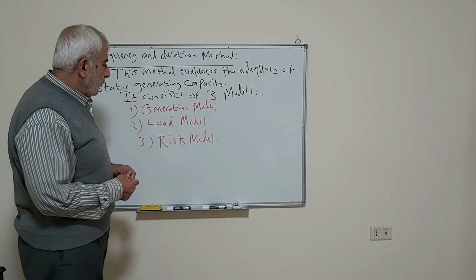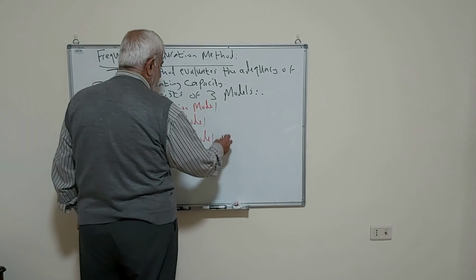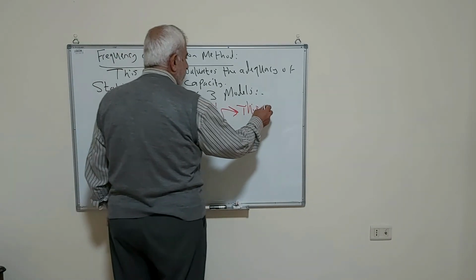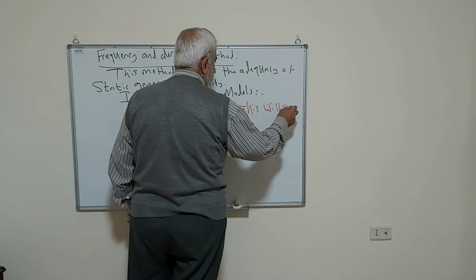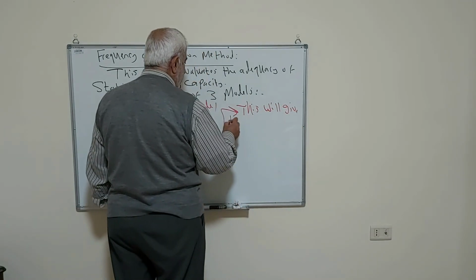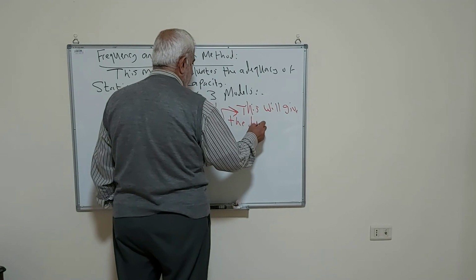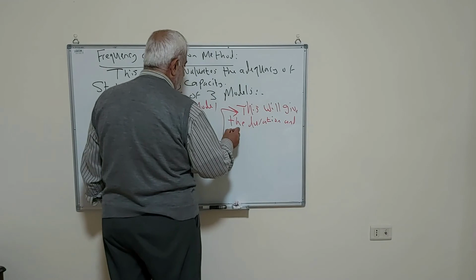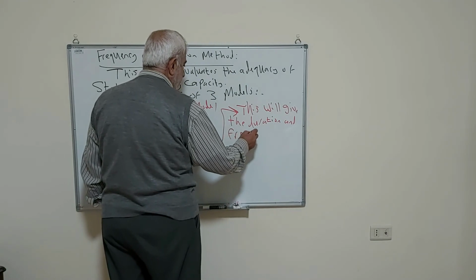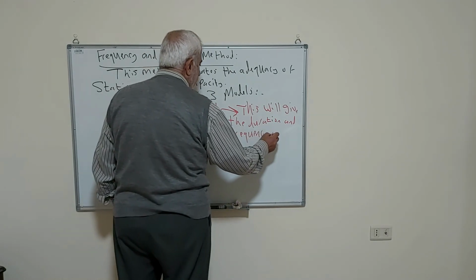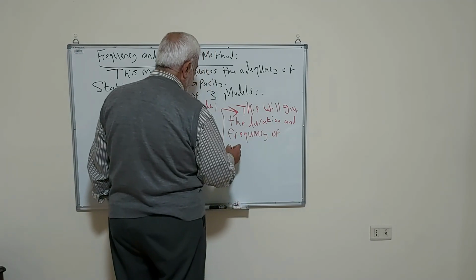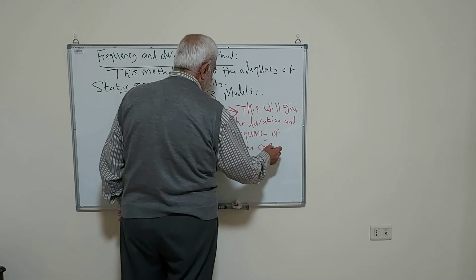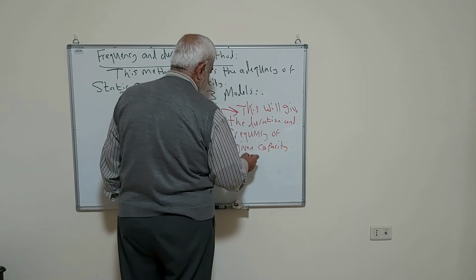A risk model, this will give the duration and frequency of a given capacity outage.